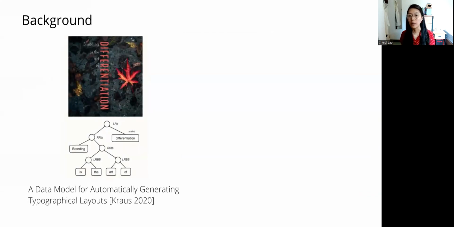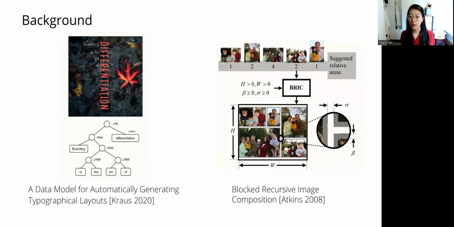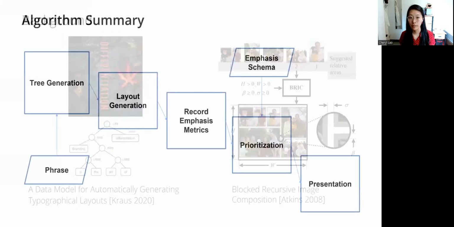Kress's data model for automatically generating typographical layouts used a tree structure where the internal nodes represented relative alignments between the child nodes. It produced more freeform layouts like the one that you see in this example, and it was very flexible. Another layout technique is block recursive image composition, which recursively places images in rectangular configurations with spacing between elements.